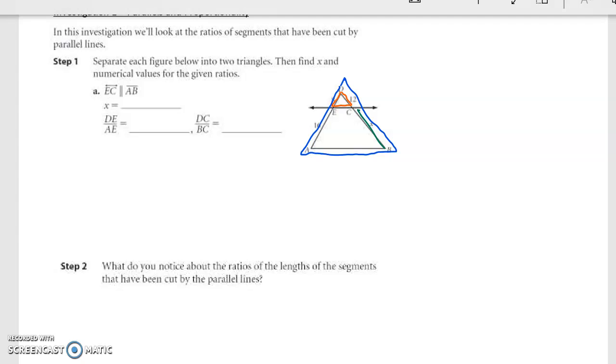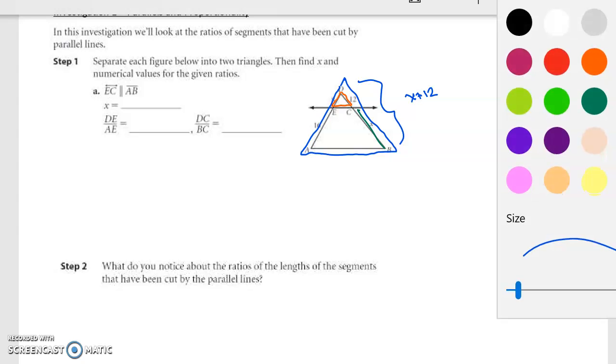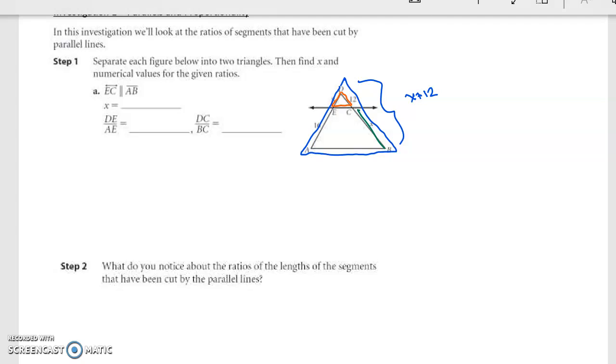So that means if we want to find X, this entire segment here, segment DB, is X plus 12. That's the length of segment DB, and that would correspond with segment DC in the smaller triangle. So we can set up the following proportion. Segment DE in the small triangle corresponds to segment DA in the large, and that has to be equal to DC over DB.